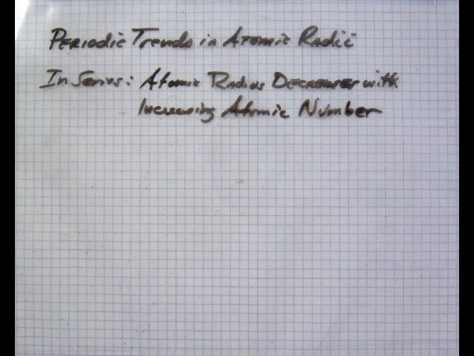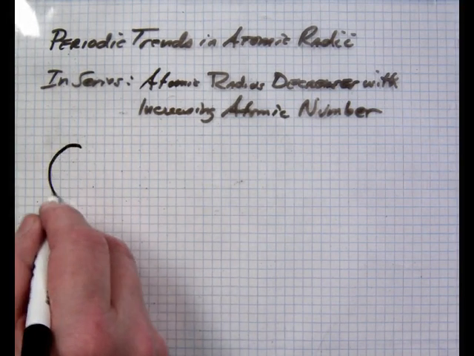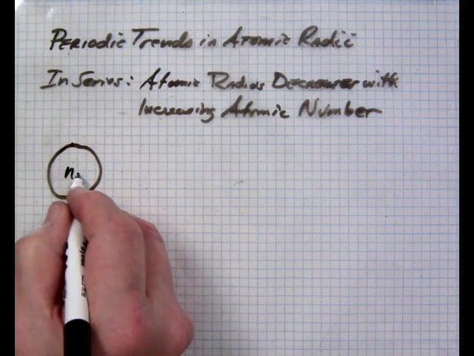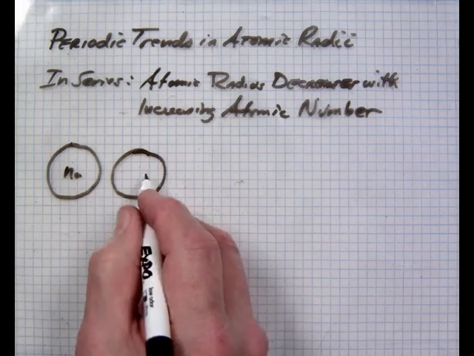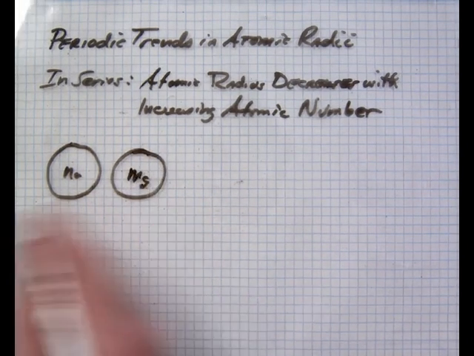That is, if you were going left to right on the periodic chart, you'd see, say, sodium would be a pretty large circle. Then the next one would be magnesium.